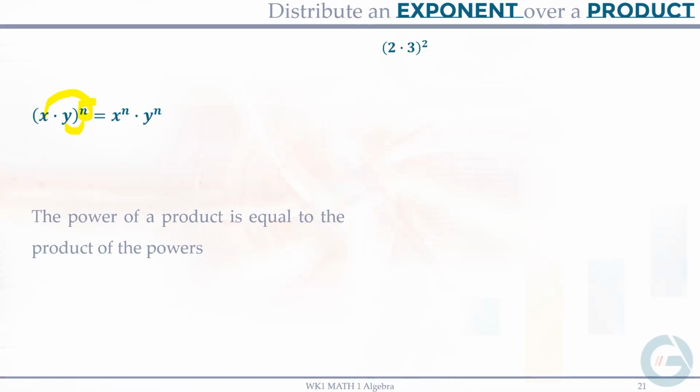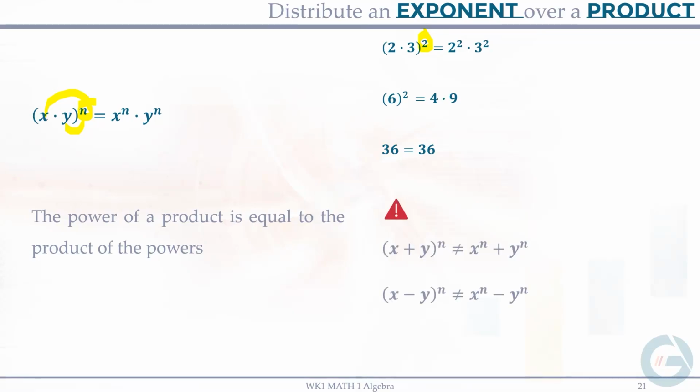It is the same as distributing that exponent to both 2 and 3. So 2 squared times 3 squared. 2 times 3 is 6 squared, which equals 2 times 2, which is 4, and 3 squared, which is 9. So 6 squared is 36, of course. 4 times 9 is also 36.